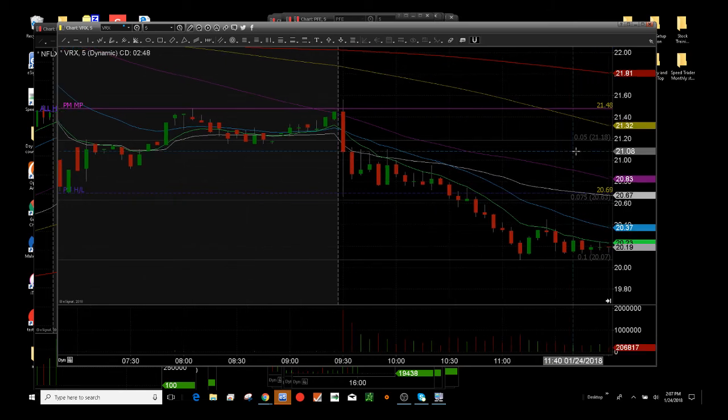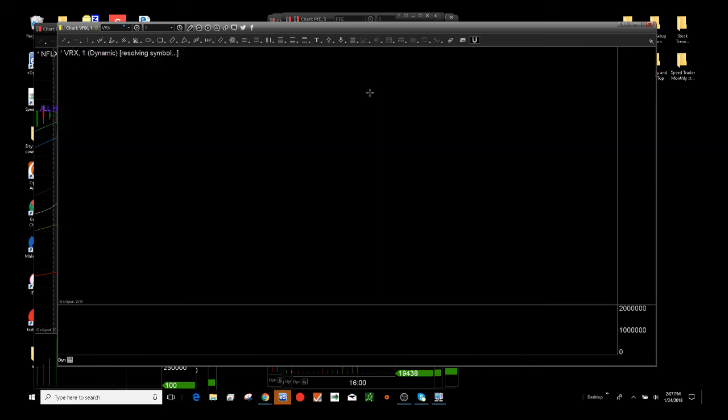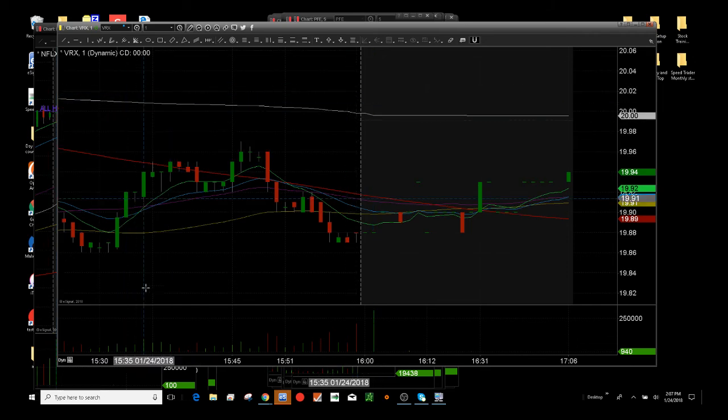I actually couldn't find the news on VRX, this pharmaceutical company, but I assumed that I wanted to get short around the pre-market macro pivot if I could. And as you see, it came right up through here, right when it opened, and it sold off rather quickly. I'm going to go to a 1-minute chart.